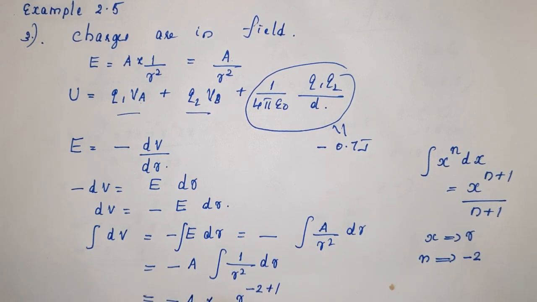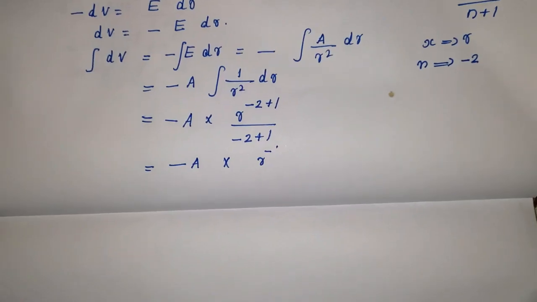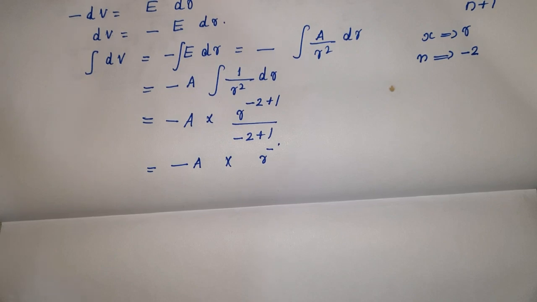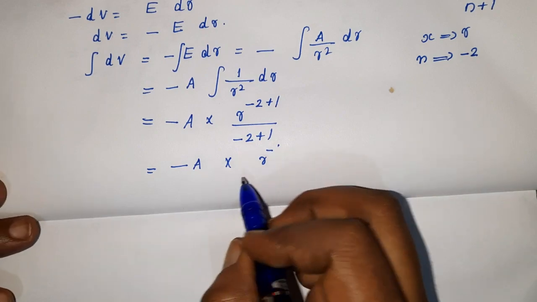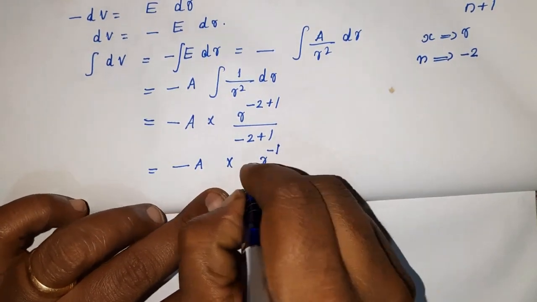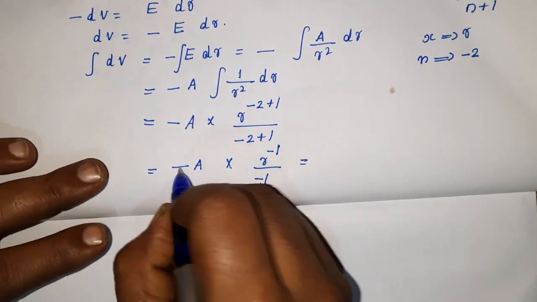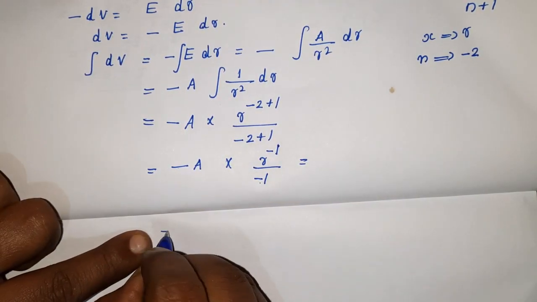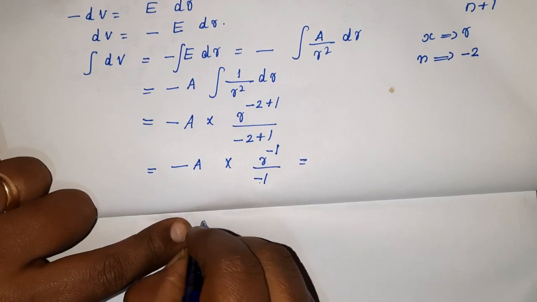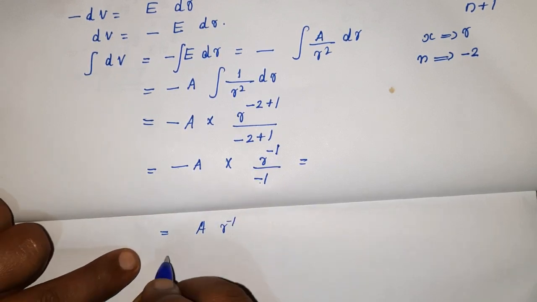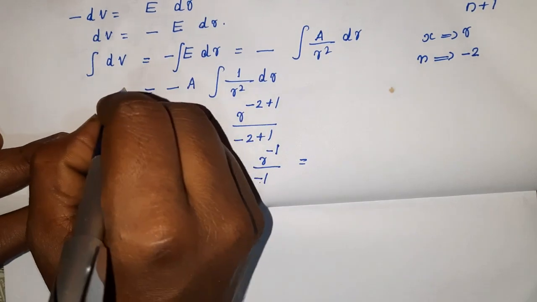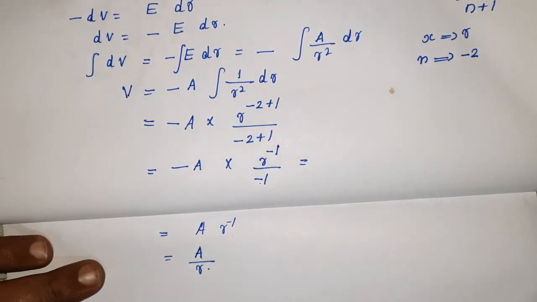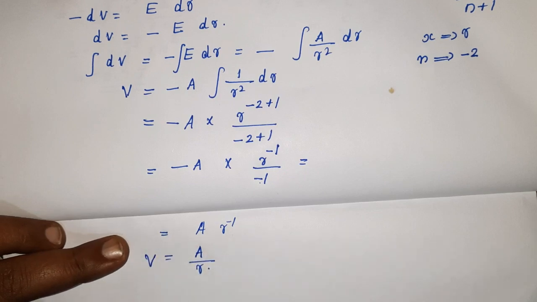That is minus A into r raised to minus 1 divided by minus 1. So the two minus signs get cancelled, and what we have is A into r raised to minus 1, which is the same as A by r. So we have the potential. The left hand side is what? Integral dV is V. So V is equal to A by r.